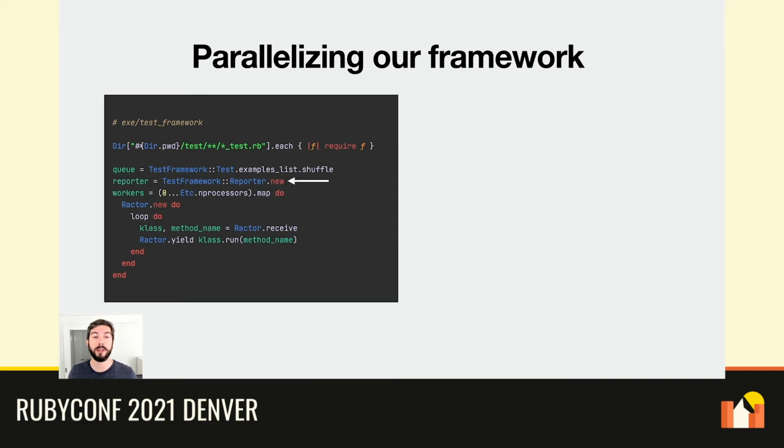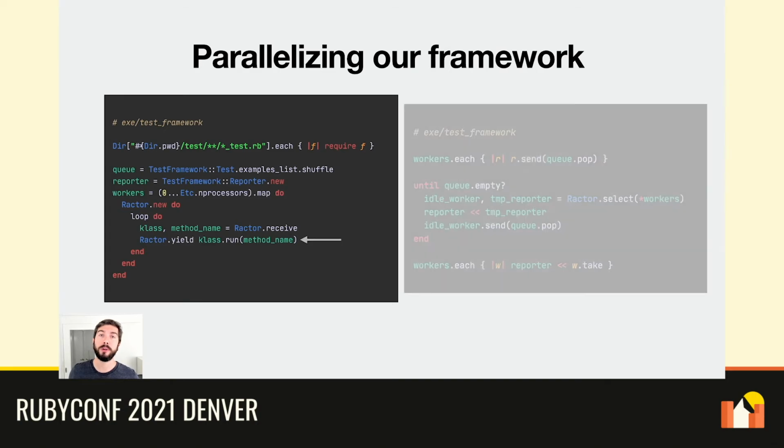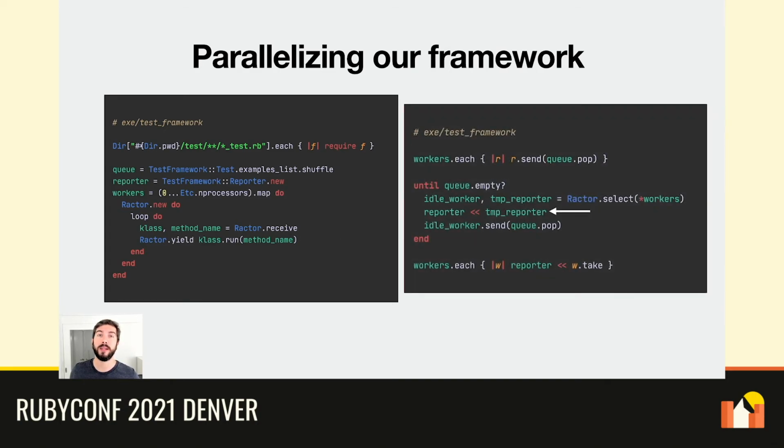So we begin by creating a reporter in the main Ractor that's going to be the one that's going to aggregate all of the information. And then for every test that we run, we yield back a temporary reporter that can be concatenated into our aggregator. So basically we're getting information about each one of the test runs and then concatenating into a single source without using any class variables.